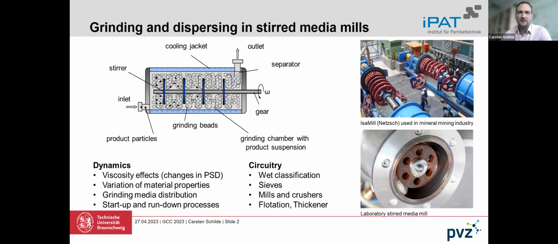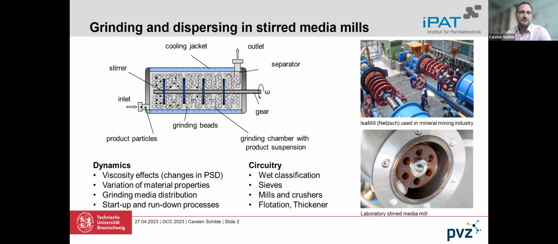And typically these mills are used in a grinding circuit or in a whole process chain. So flow sheet modeling or population balance modeling, how it behaves as a whole process in a process chain is also very important. And we have also some dynamics of these mills.